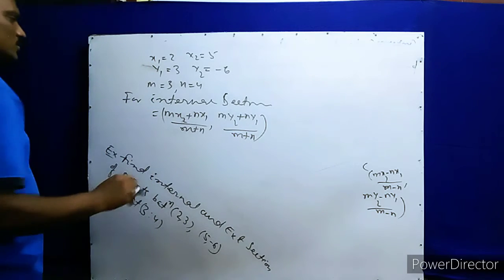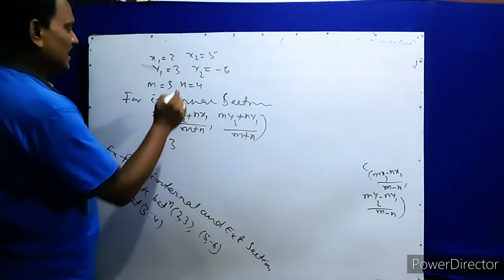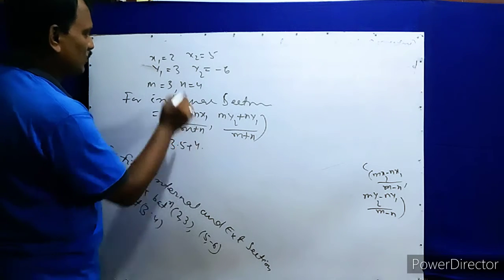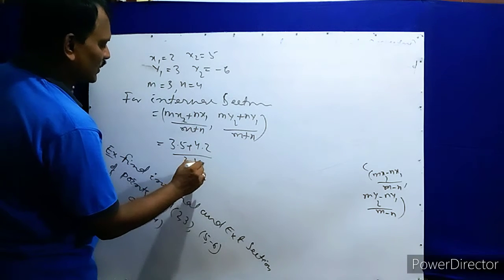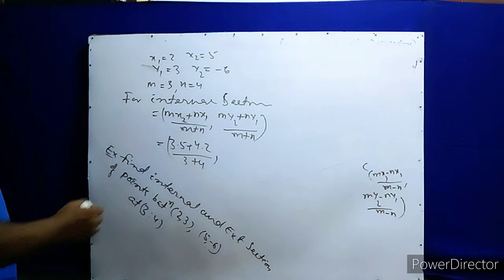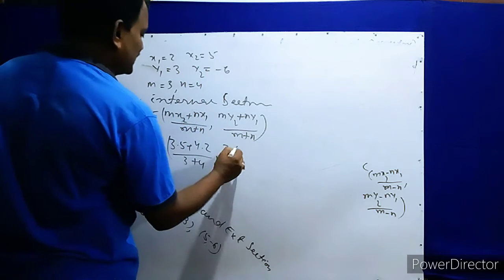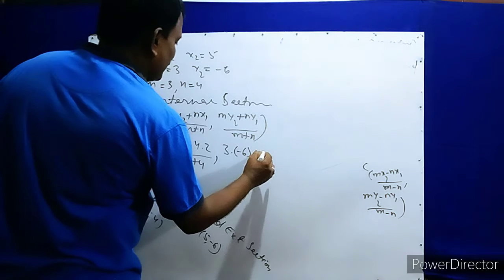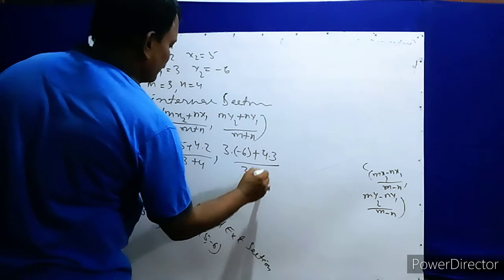Put these values. M means 3, x2 means 5, 3 into 5 plus n equal to 4 into 2, by m plus n means 3 plus 4. This is the position of the x value. Similarly for the y value, m means 3 into y2 equal to minus 6 plus n, 4, into y1 equal to 3, by 3 plus 4 again.